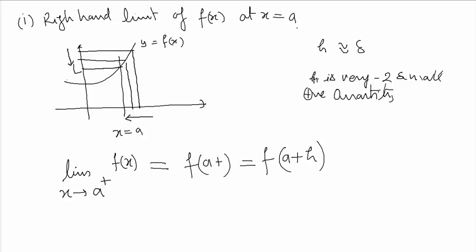It may be positive, it may be negative. Indian authors use h to represent this and avoid delta, since delta becomes very complicated to learn. So this is the right hand limit, and these are the three notations for the right hand limit.